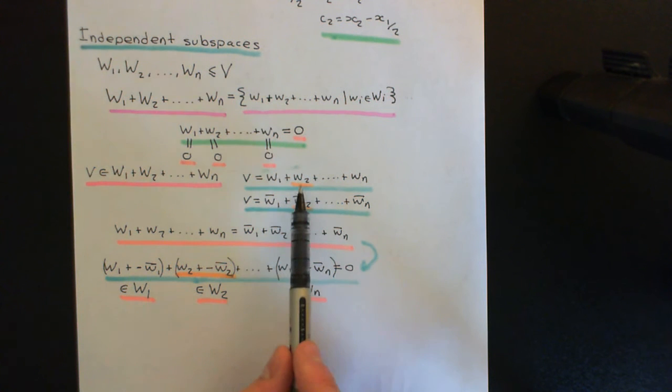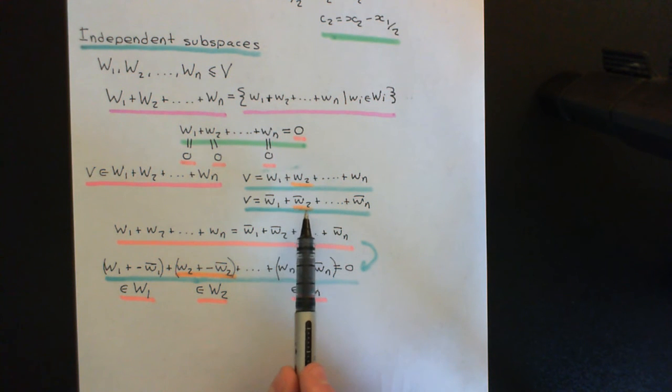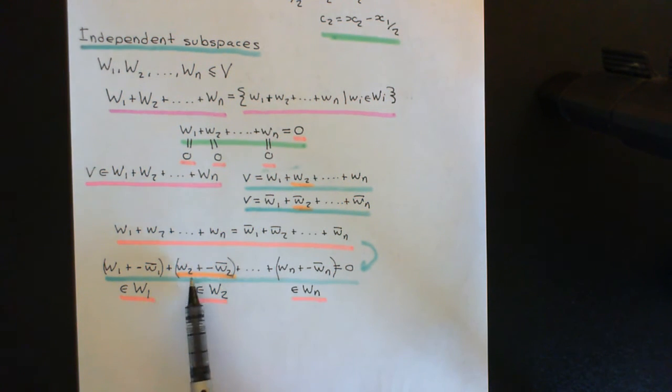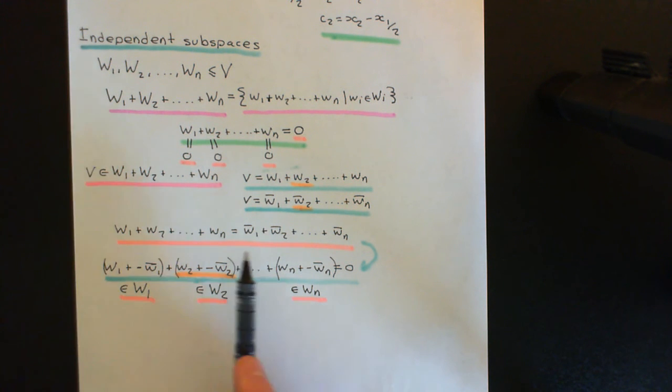And we said W2 was not going to be the same as W2 bar, for instance. That means that this element of capital W2 here would not be the 0 vector. So at least one of these things in this sum now would not be the 0 vector, and therefore we'd have a non-trivial sum which was giving the 0 vector, and that would contradict these subspaces being independent.